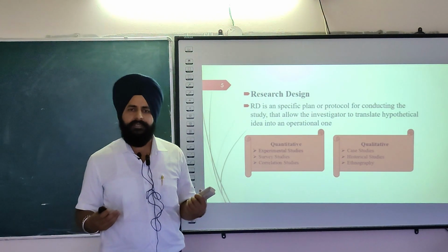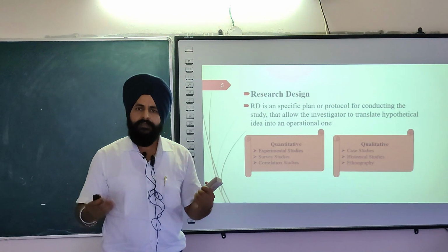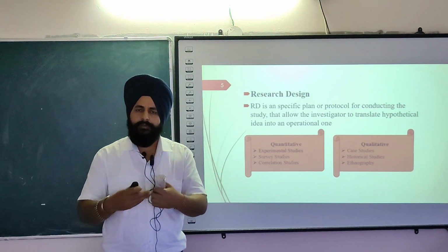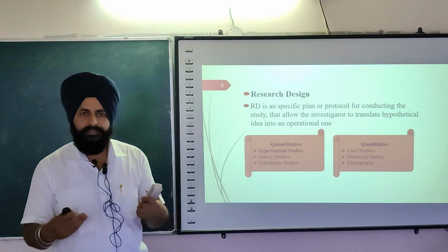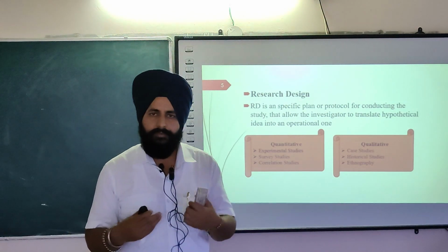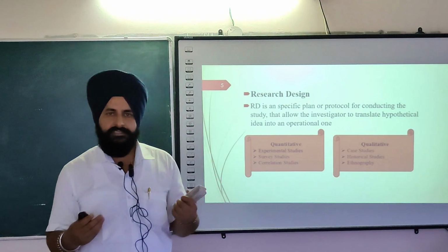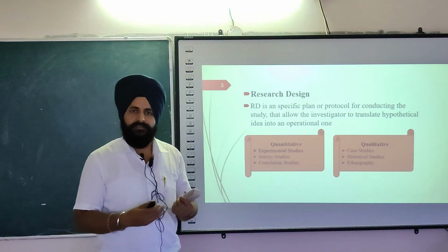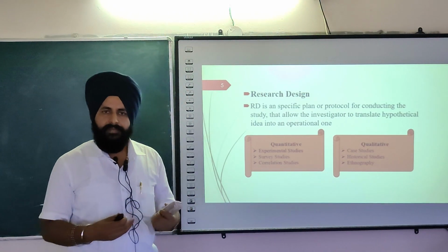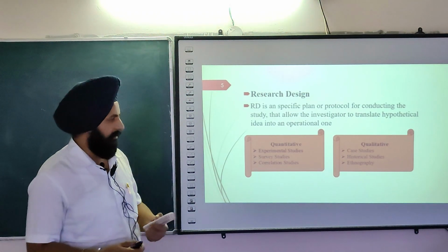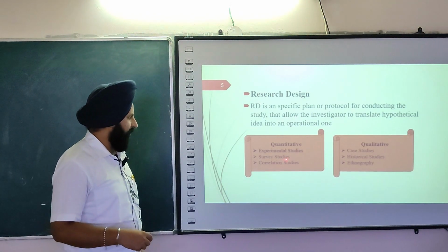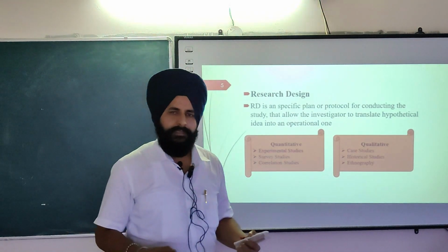Suppose you look for a problem in an area where a number of persons are suffering from a waterborne disease. Then you can understand that in that particular area the water is infected by some pollution or by some other things. Next are correlation studies.